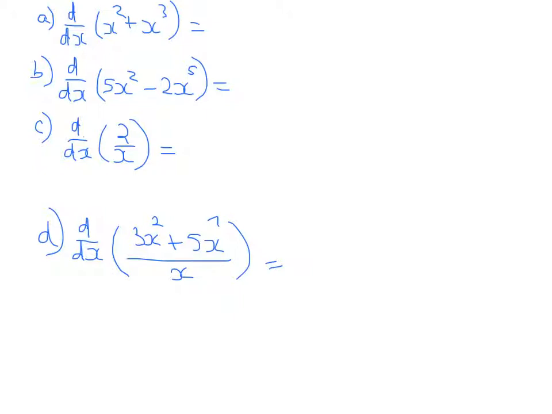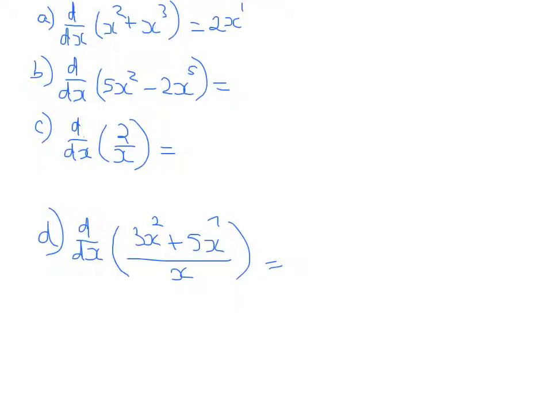So the first one, you'll see we've got 2 terms, so we differentiate them separately. Our rule says the indice is swung to the front. Now there's a coefficient of 1 there, which 2 times 1 is just 2. So it's 2, we rewrite the x down and we reduce the index by 1.